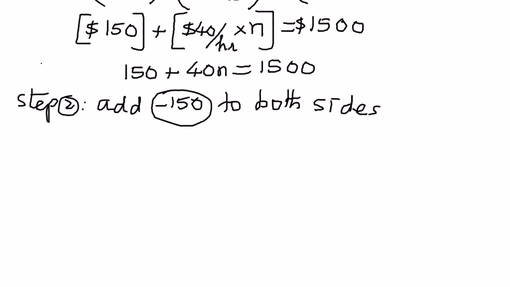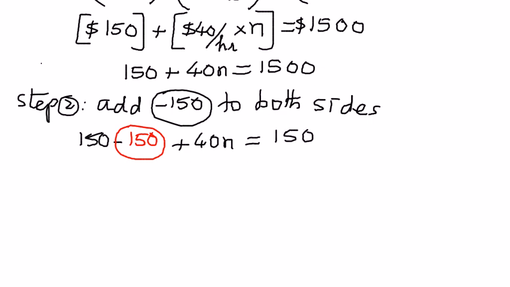When we do that, this is what we're going to come up with. 150 minus 150 plus 40n is equal to 1500 minus 150. Let me write this in red, minus 150, as we are subtracting 150 on both sides.